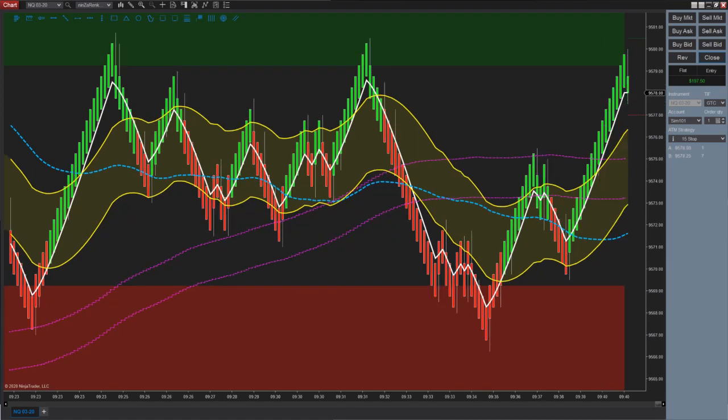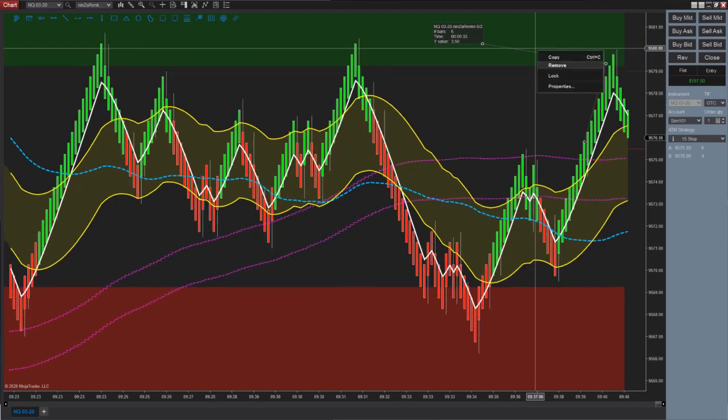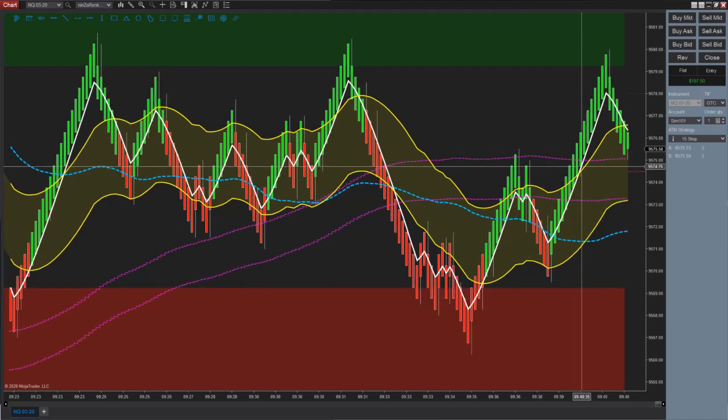Wow, that was a huge jump. It was somewhere here. Actually it was here, but somewhere there to here. That was 3.5 points. That was a 14 tick jump. And you can see there was a resistance here because of the upper line of this zone.